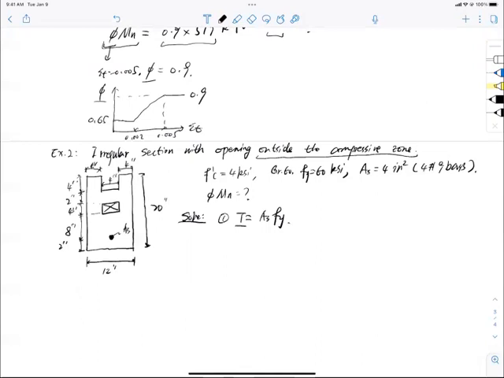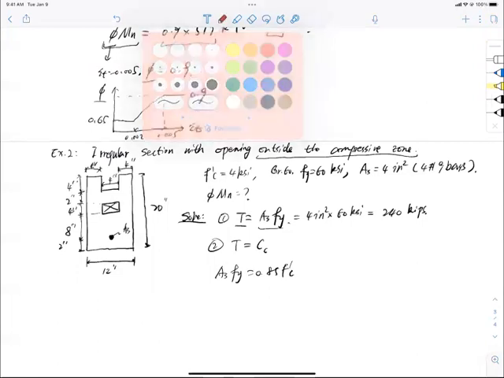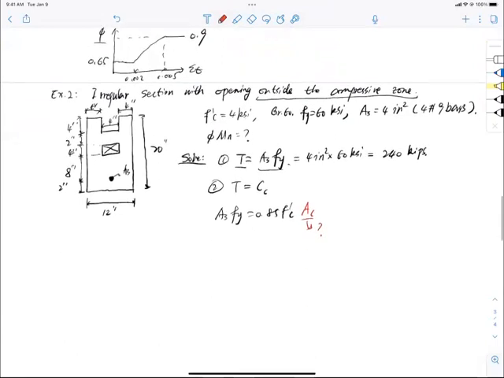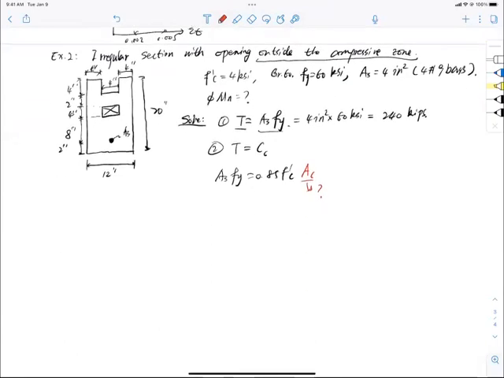So the tension force is 4 inches squared of steel multiplied by 60 ksi, giving 240 kips. From there I can do equilibrium, tension equals compression: AsFy equals 0.85 f prime c times Ac. Normally for a rectangular section it follows by a and b, but here, since I don't know my compressive zone, I'm just going to put Ac, which is the thing I need to determine.